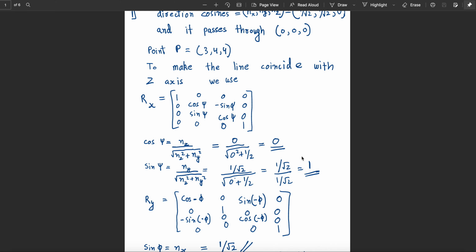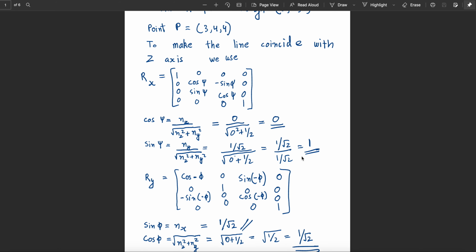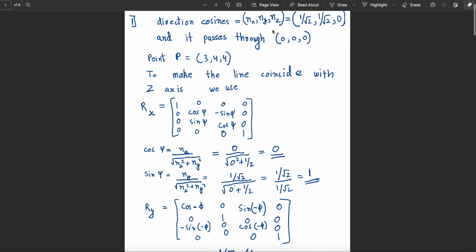We choose the z-axis. So we use the two rotation matrices Rx and Ry, and we find the components of the rotation matrix, cos psi and cos phi, using the given formulas here, which can be calculated with the direction cosines given in the question.